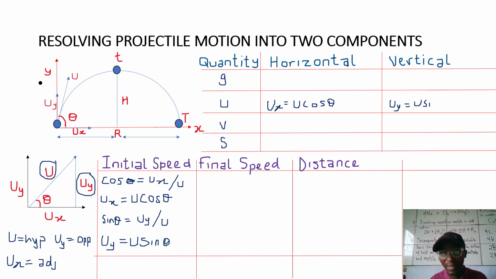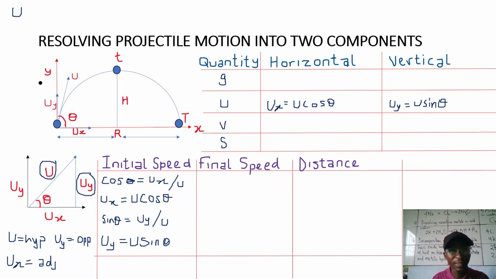Now we've gotten our initial speed along the vertical axis as well as our initial speed along the horizontal axis. What will now be the value of our resultant speed, which is a combination of both the vertical and the horizontal? So our u here, which is the resultant, if we apply Pythagoras theorem here, this u squared will be the sum of the squares of uy and ux.